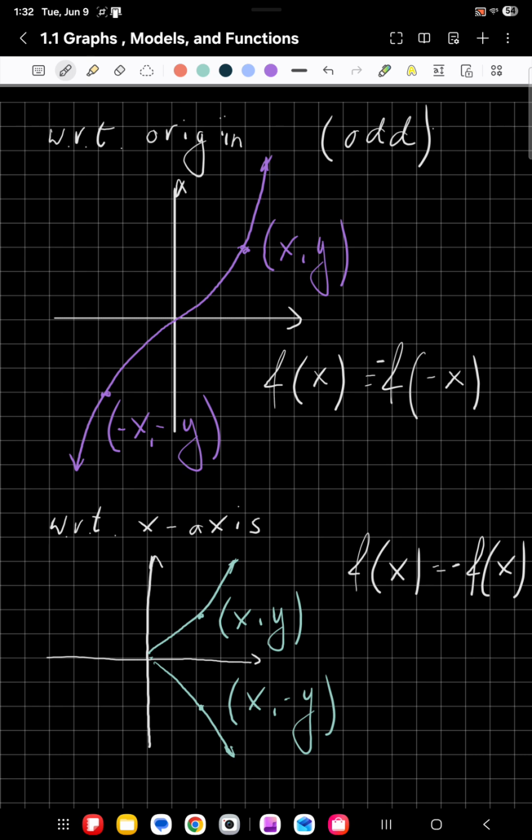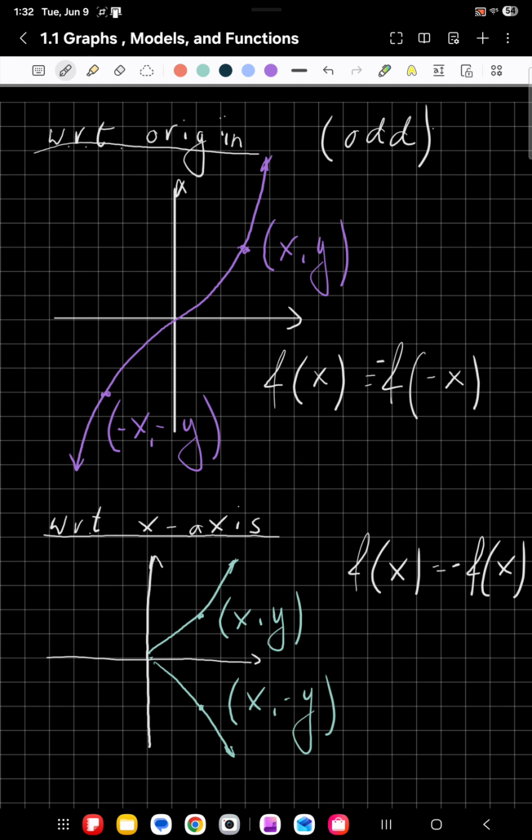Okay. Yeah, so that would be a relation, right? That is not a function, right? If we have this type of symmetry, because for the same input I get two different y's, right? Positive y and negative y. So a relation like that is not a function.